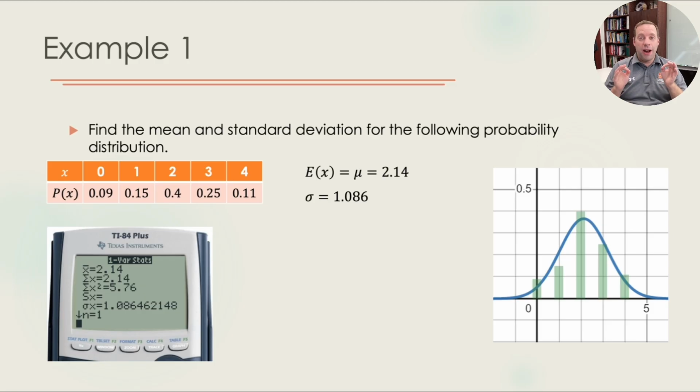Pretty incredible how closely that fits, okay? So the expected value, or the mean, and the standard deviation of a probability distribution can be used to give us a normal distribution, which we will use a lot in the second half of the course after the midterm. And so there's our connection. We have now taken a categorical variable and got numerical results that we can calculate numerically.